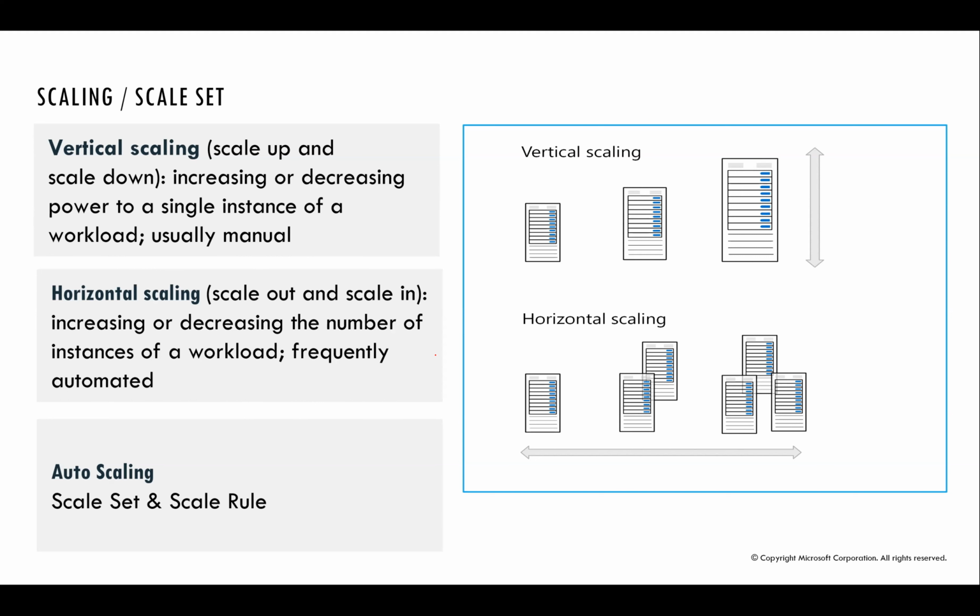Maybe I started with a virtual machine that is 2 gig RAM and 2 vCPU, but I begin to observe that the performance is now becoming very slow. I'm consuming so many resources, it's spiking. So I can say, okay, now increase my CPU to say 8 vCPU and let's say 8 gig RAM. That is me scaling vertically. It's the same machine, I'm just upgrading it. And this has to be done manually.